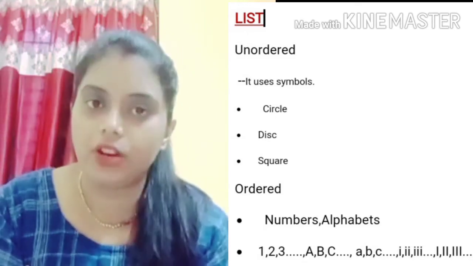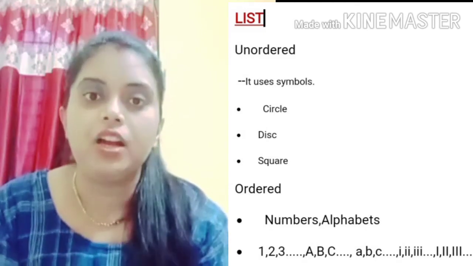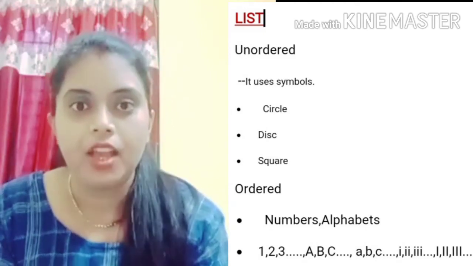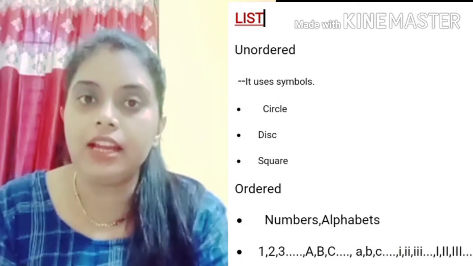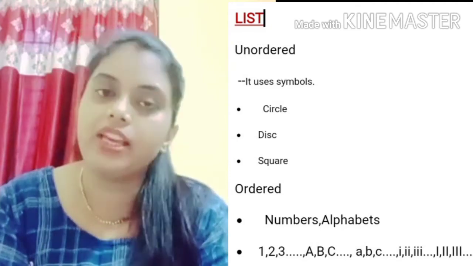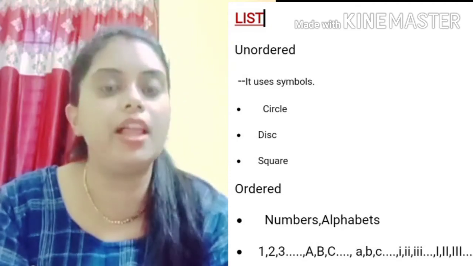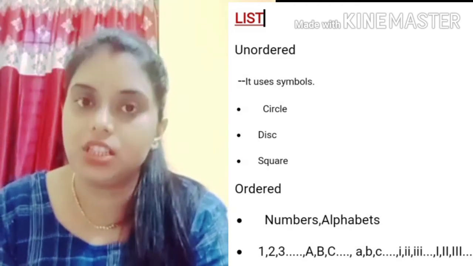But in the case of an ordered list, it uses a numerical system. When you represent some sequential data, one by one, then we have to use the ordered list. In an ordered list we can use numbers or alphabets. Numbers means 1, 2, 3.